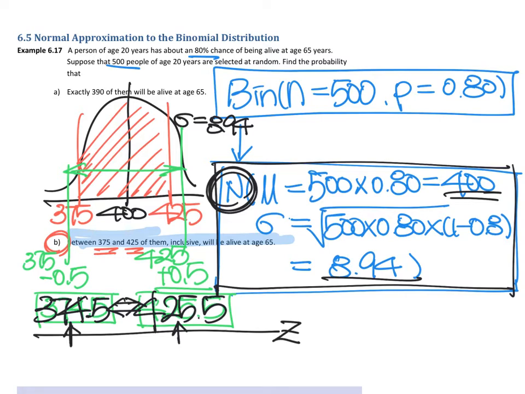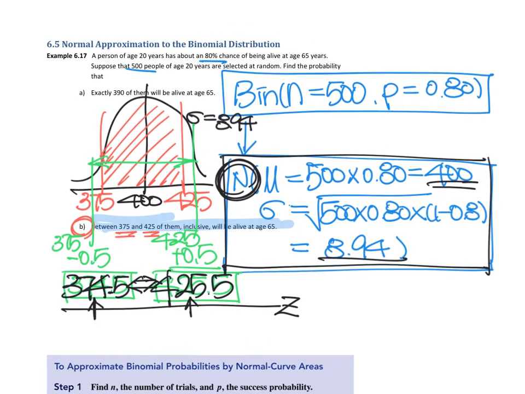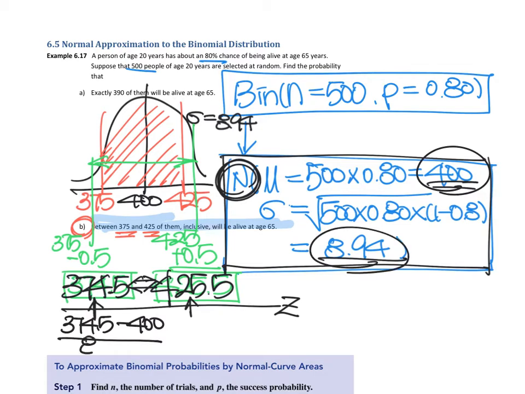Now, just a second. Yes, the z-score at 374.5 will be: take off the mean 400, then divide by the standard deviation 8.94, then it will be negative 2.85.